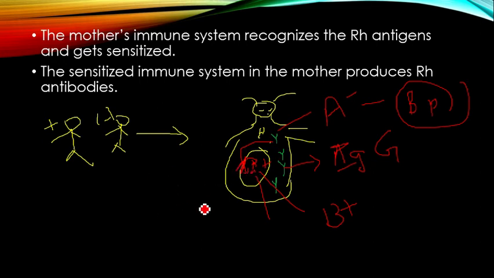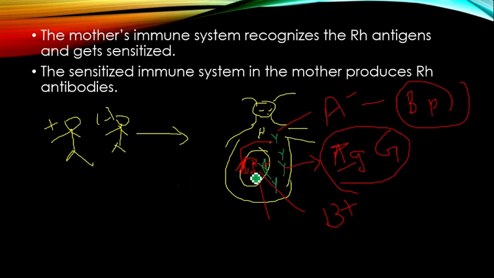If B antibodies were able to cross the placenta, they could destroy the B blood group of the fetus. Hence, B antibodies cannot cross, and if A antibodies are present in the mother, they also cannot cross the placenta. Only anti-D antibodies or Rh antibodies, which belong to IgG type, can cross the placenta and enter into the fetus.